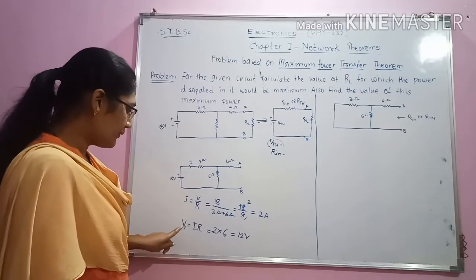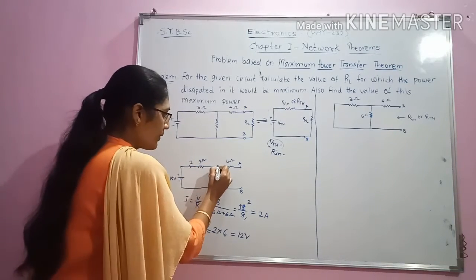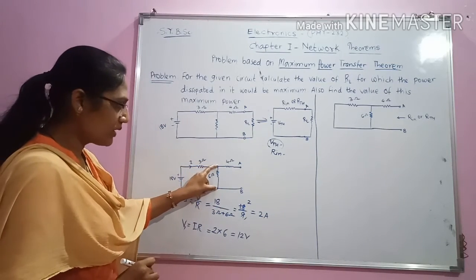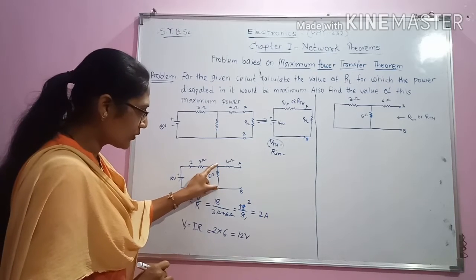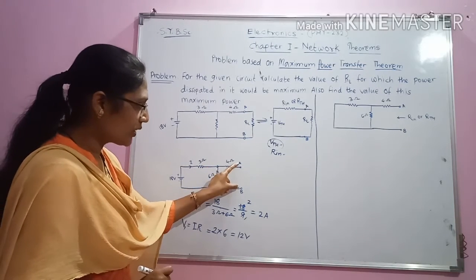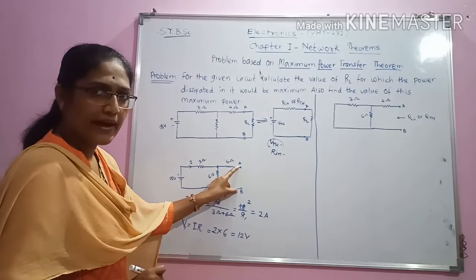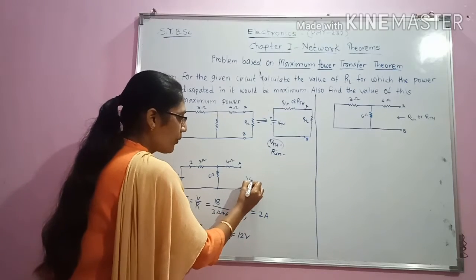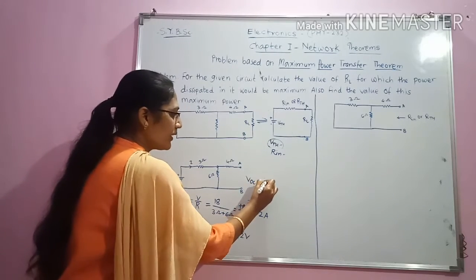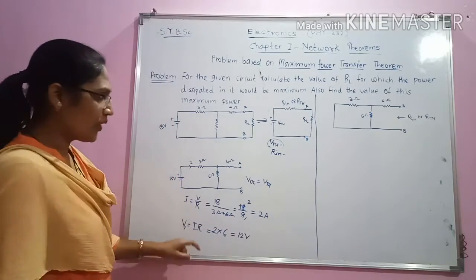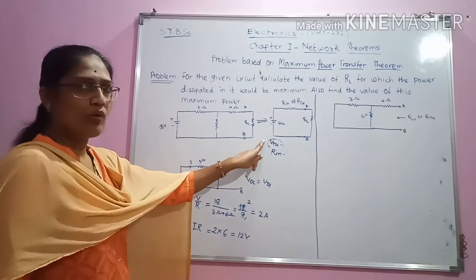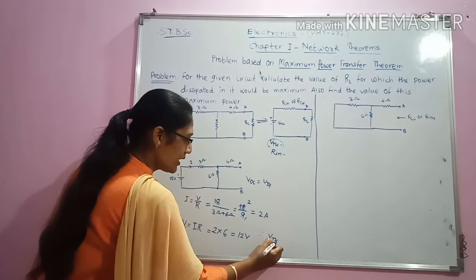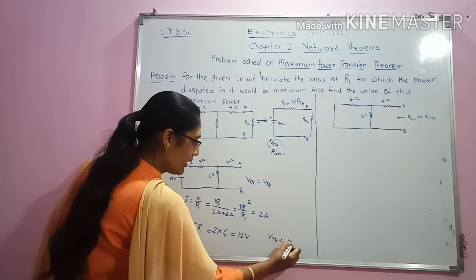This voltage drop is across this resistor, and it is nothing but the voltage drop across points A and B, which is the open circuit voltage or Thevenin's voltage. Hence we have found the value of VTh as 12 volt.